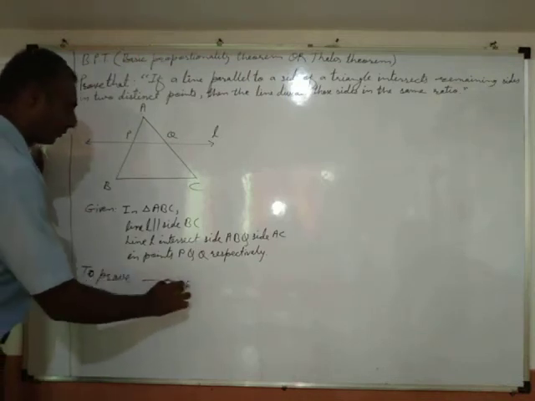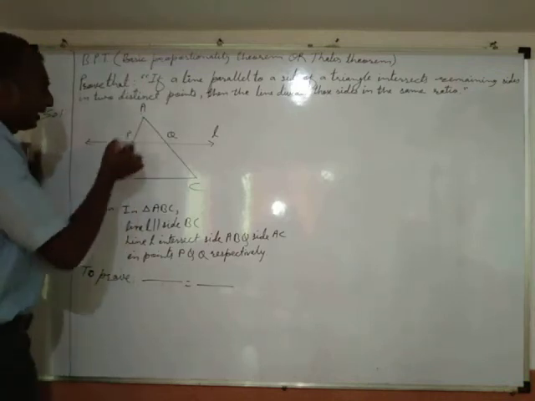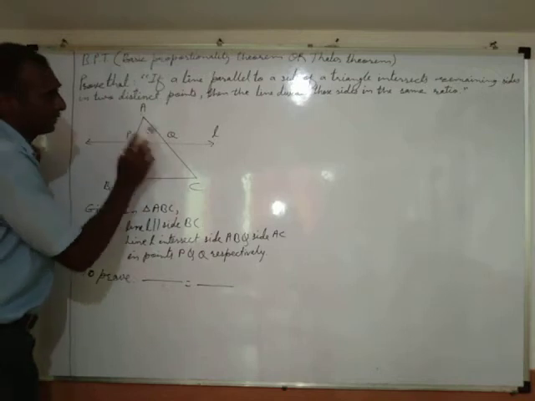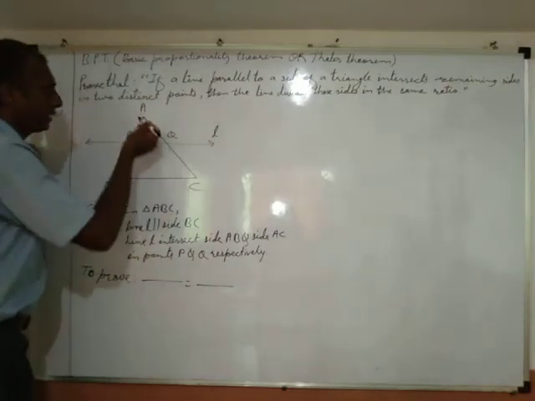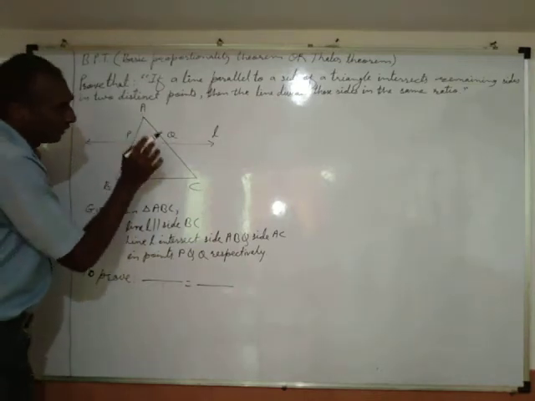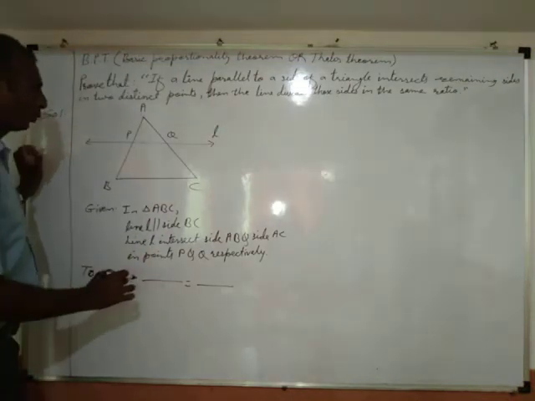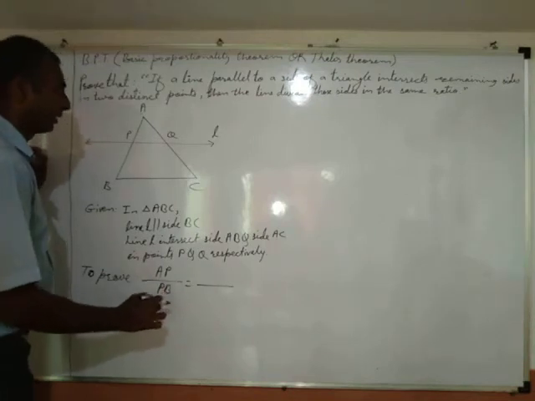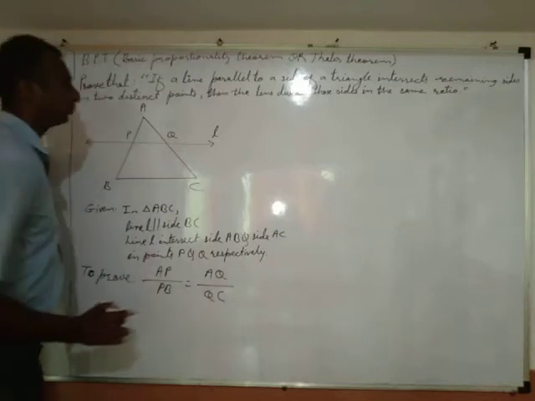Here you may note, line L divides side AB in two parts, AP and PB. Similarly, side AC in two parts, AQ and QC. As per this statement, the ratio of AP to PB equals AQ to QC. That's why, to prove: AP upon PB equals AQ upon QC.